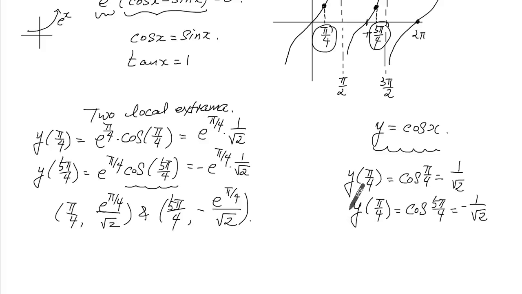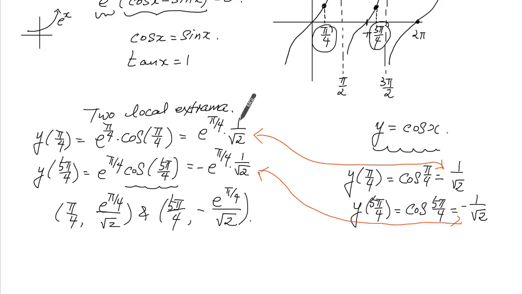Okay. So how do they compare? I'm just going to add the 5 here, forgot it. Okay. Well, the y coordinates, what I'm comparing here is this value versus this value, and this value versus this value.